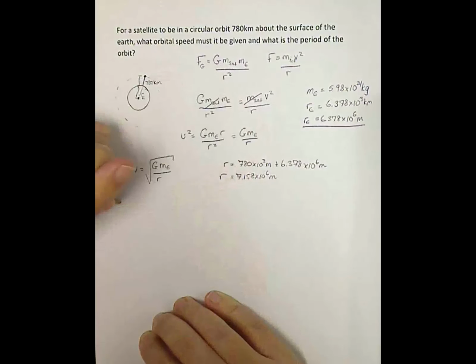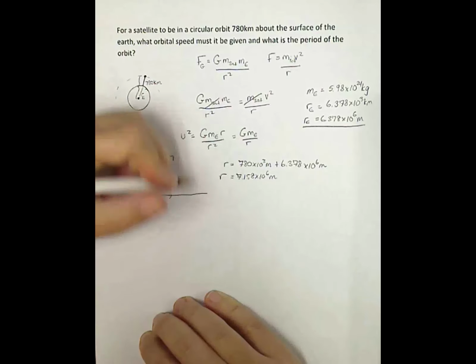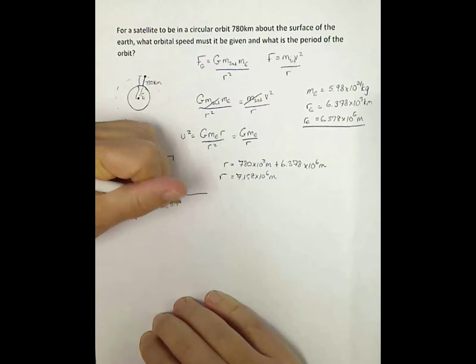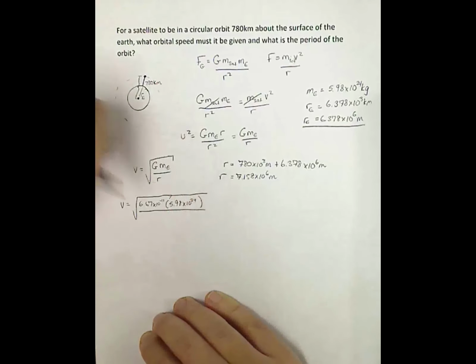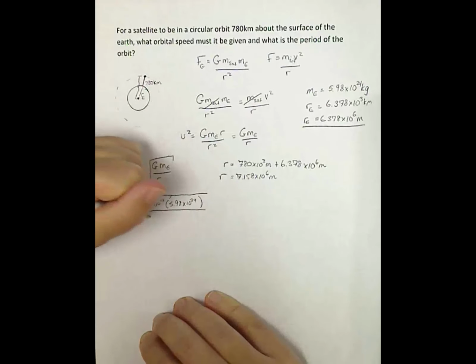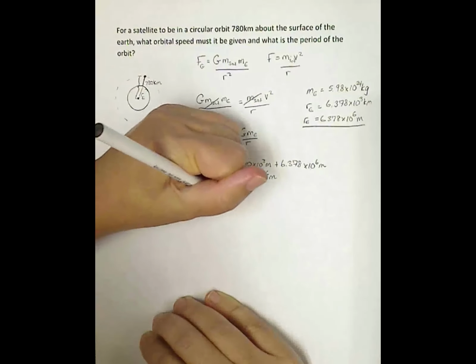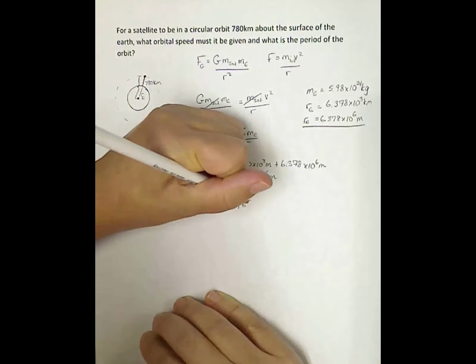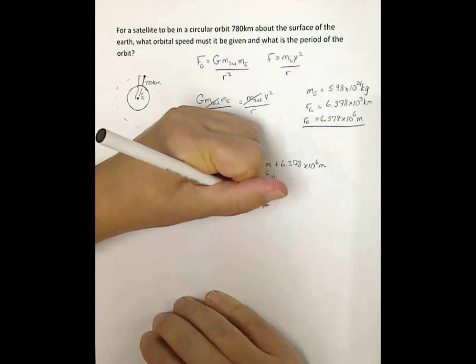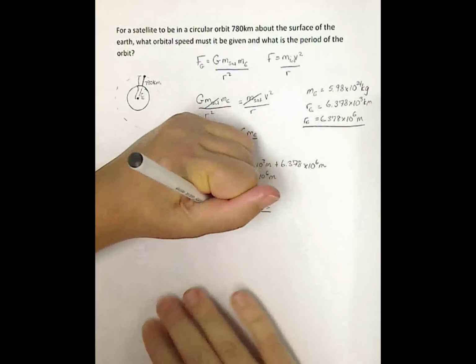So now just plugging that in, I've got 6.67 times 10 to the minus 11 times 5.98 times 10 to the 24, divided by the radius, 7.158 times 10 to the 6, and I get an orbital speed of 7,465 meters per second for that satellite.